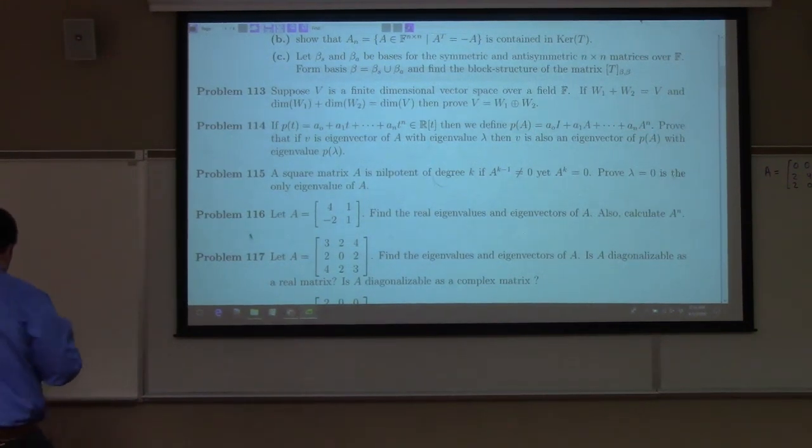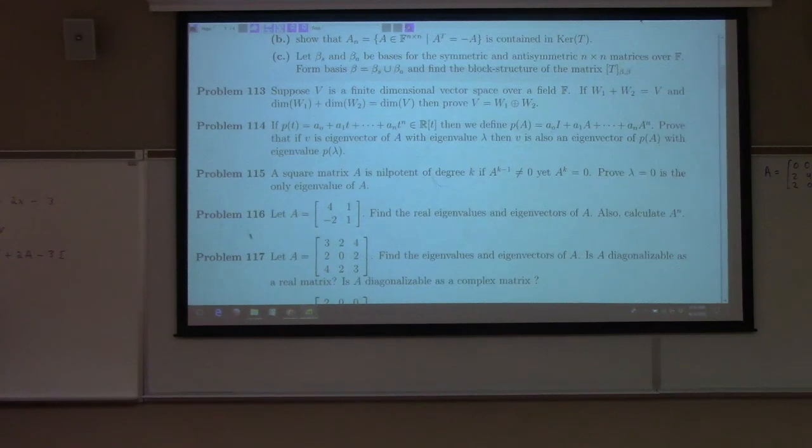Here, I'll show you a special example of this. If I had f of x equals x squared plus 2x minus 3, and if I had that AV was equal to lambda V, so what's f of A? A squared plus 2A minus 3 times the identity matrix.